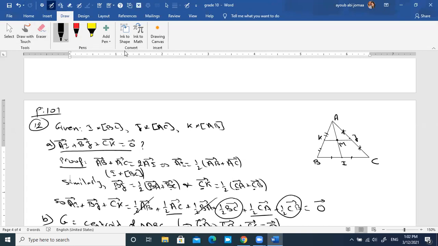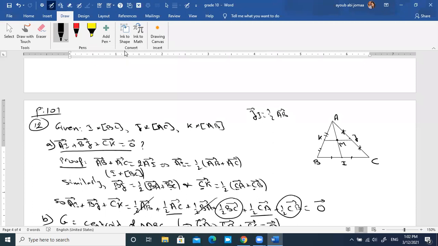As simple as that. You have I is the midpoint, J is the midpoint, so you can say that vector JI is equal to half AB. We worked this out once more.